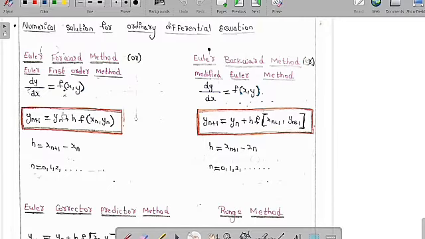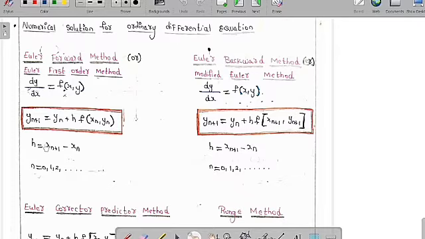So if you know x naught, y naught, and the question asks for the value of y1 at a particular value of x1, then you can use the Euler first order method to figure out y1. Simply, by the Euler forward method, for dy by dx is equal to f of x comma y, yn plus 1 is equal to yn plus h into f of xn comma yn.